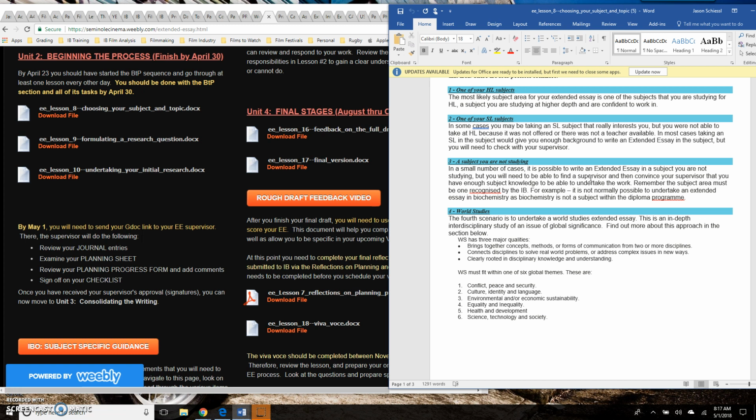You're going to have to learn the terminology, the tools that they use, and what the IB expects as far as what type of things you're going to discuss or analyze. So you want to have a really good understanding of what you're getting into if you decide to choose a subject that you're not taking.